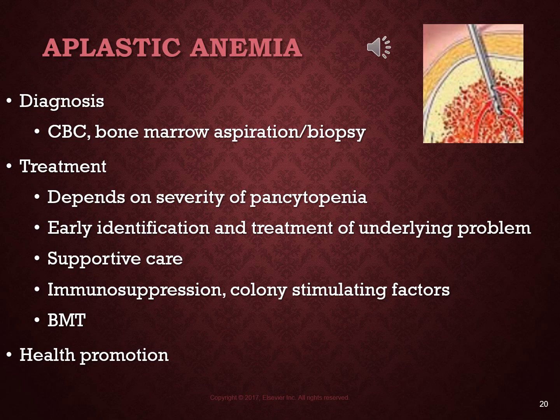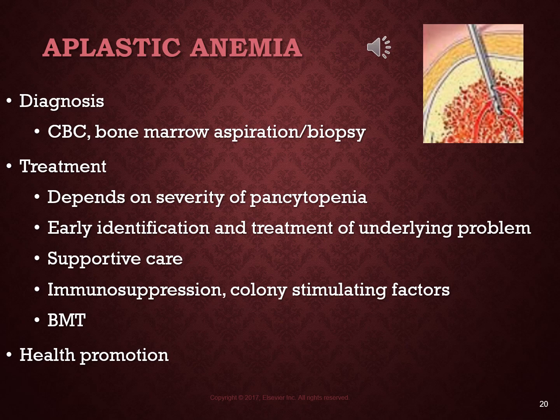The diagnosis of aplastic anemia is made with a CBC and a bone marrow aspiration and biopsy. The treatment varies with the severity of the bone marrow failure and depends on the severity of the pancytopenia and what your symptoms are.